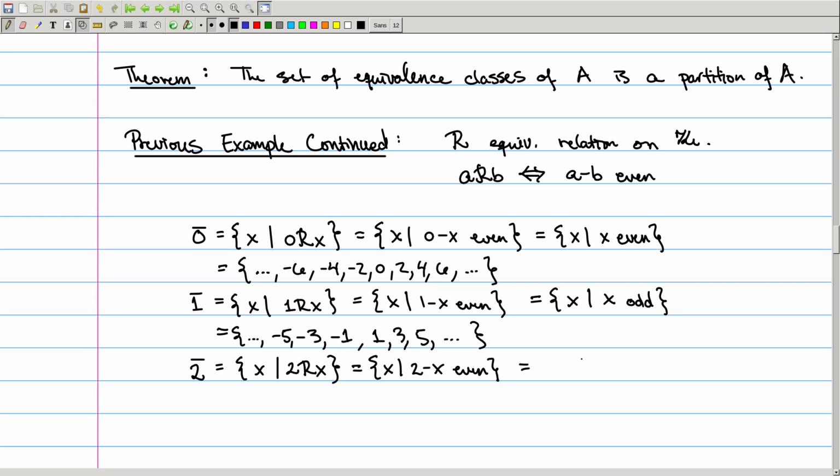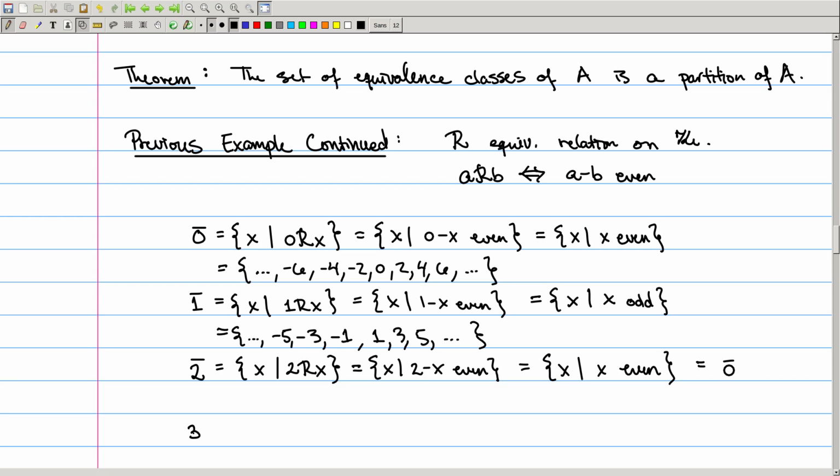Well, the only way for 2 minus x to be even: 2 is even, so minus x would have to be even, so x would have to be even. So this is the set of all x such that x is even. But wait a minute, we already did that one. That is actually the same as the equivalence class of 0. So the equivalence class of 2 and the equivalence class of 0 are the same.